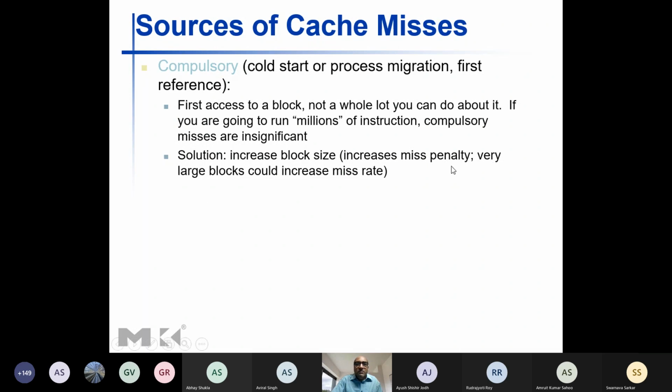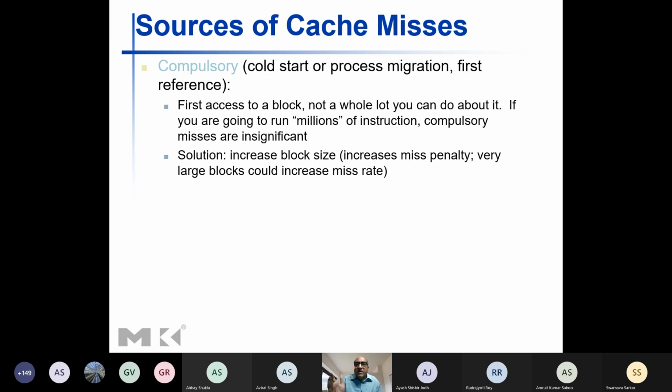Another thing is that if you have a very large block size, then the cache can accommodate only a few blocks. With that, it also indirectly increases the miss rate. As I mentioned, suppose 64 bytes is the block size, for example. That means each block contains 16 words.